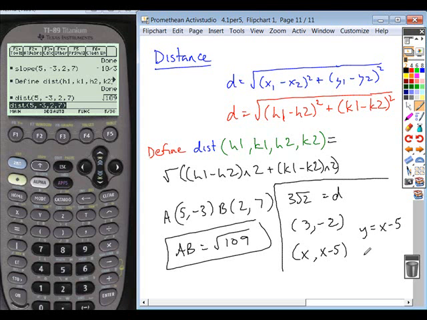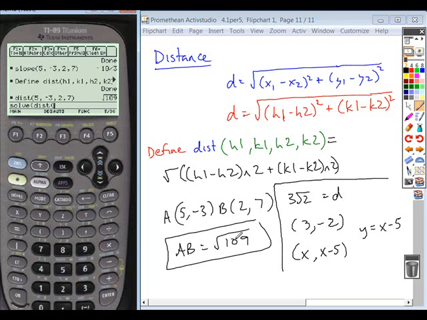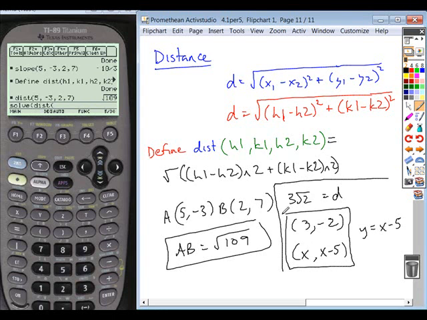The way that we would do that is we go to the solve feature of the calculator, F2, hit solve, and we know our function. So we're going to call it distance. We need to access second subtraction, choose distance. We know the distance of this set of points right here. So I'm just going to put it in order. It doesn't matter which one comes first. So I say 3, negative 2, and then x, followed by x minus 5.